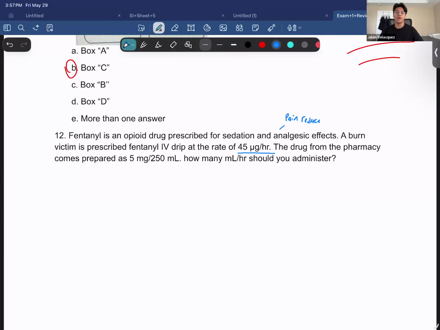However, the drug comes from the pharmacy prepared as 5 milligrams per 250 milliliters. How many milliliters per hour of this drug should I administer to the patient?